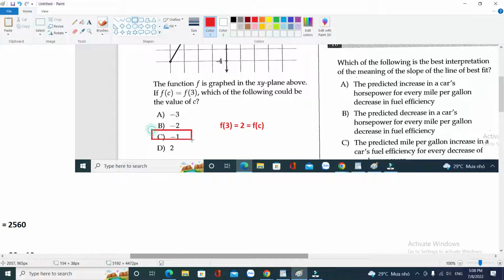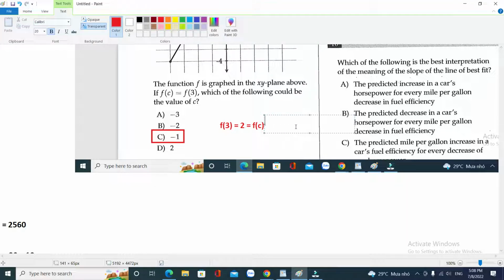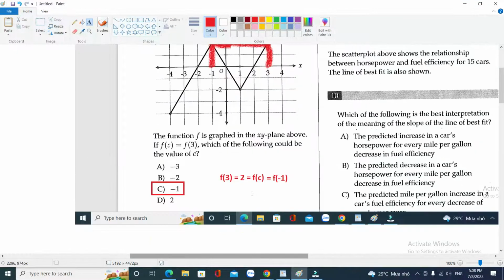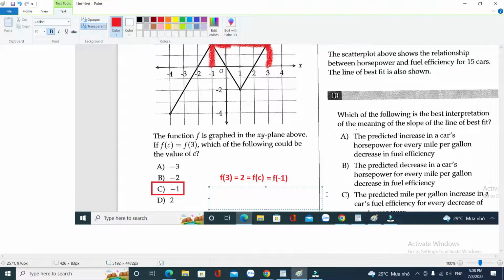Therefore that's equal to f of negative 1, right? So c is equal to negative 1.